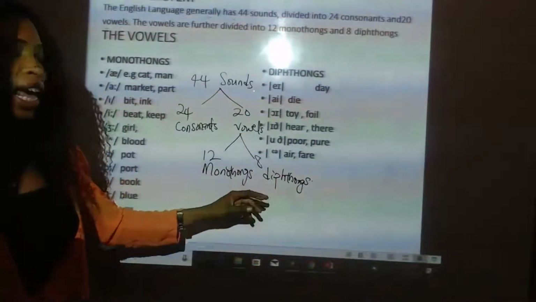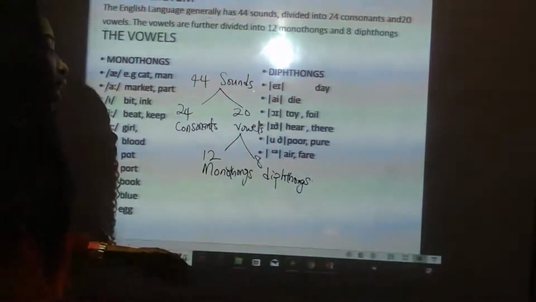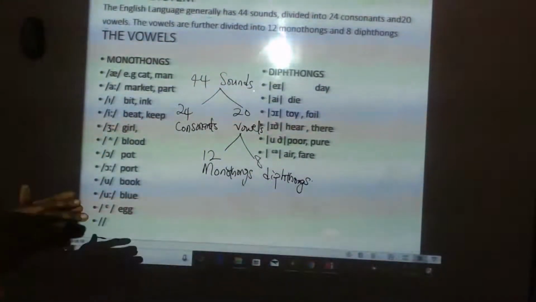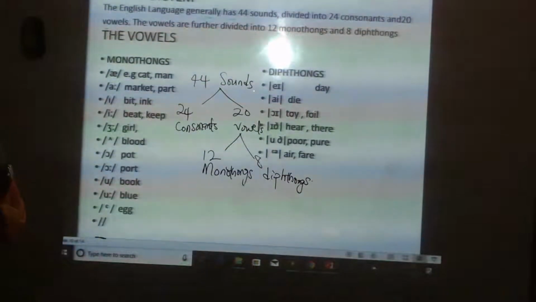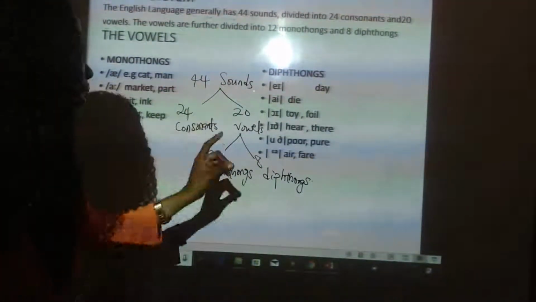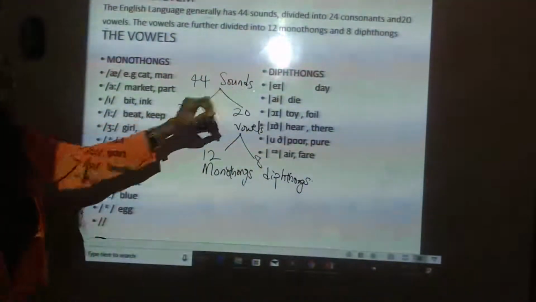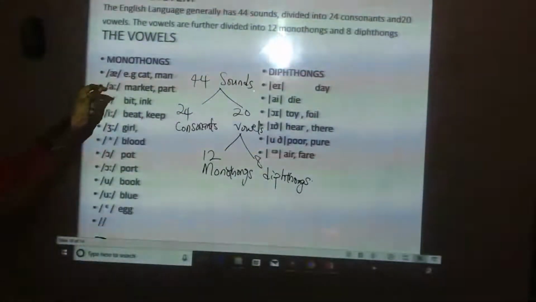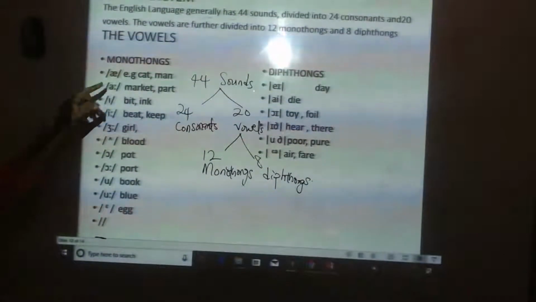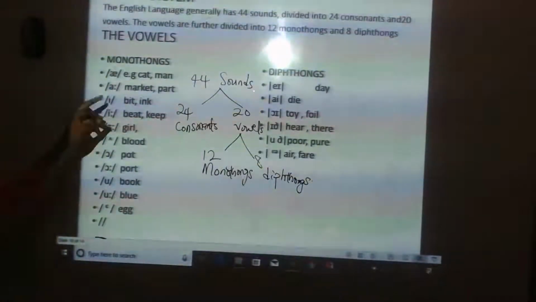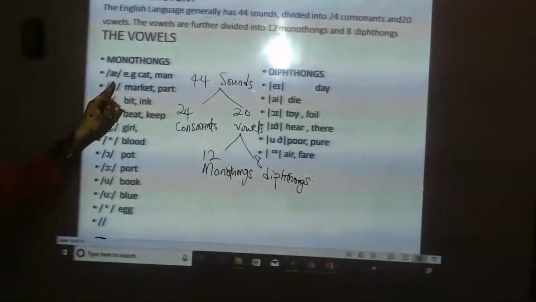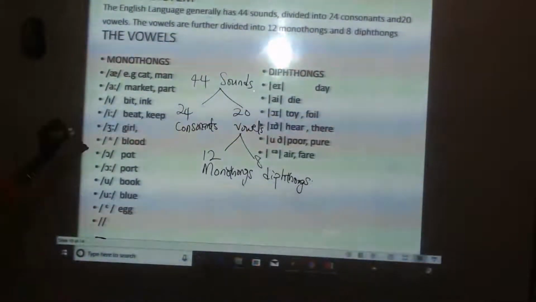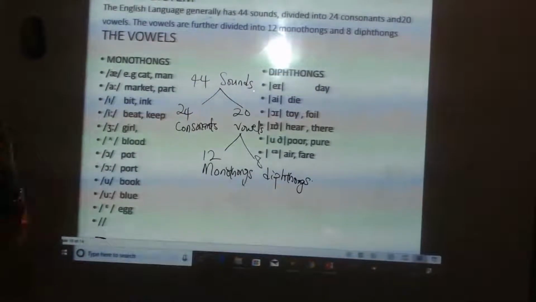For example, a is a diphthong because it glides from a to e to give you one vowel, a. Therefore, we call them diphthongs. Now, some sounds, for example, cat, man, is a short sound. Whenever you see a double dot beside a sound, it shows you that that sound is a long vowel sound.